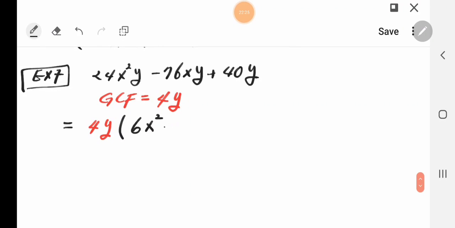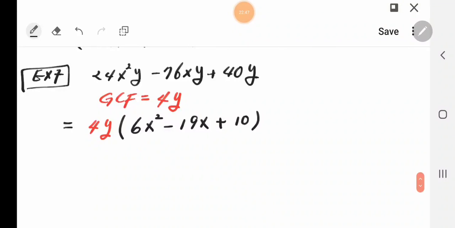Then minus 76 is 4 times 19, right? 4 times 19 is 76, and x is the leftover, with y factored out. Plus 40 is 4 times 10, with y factored out.